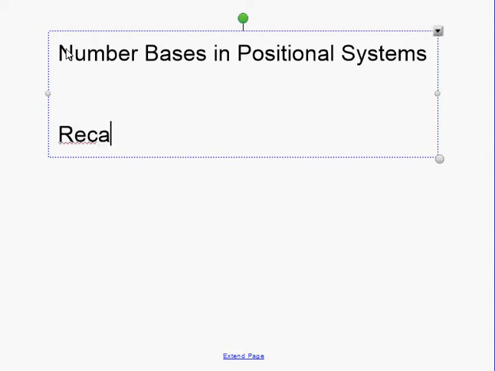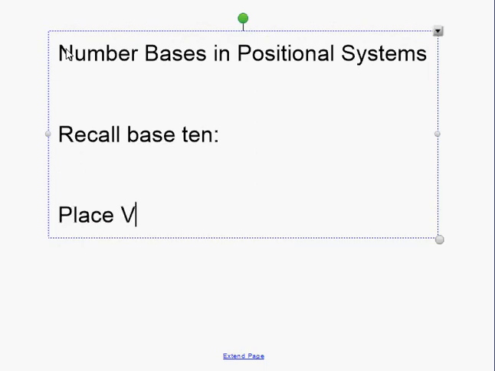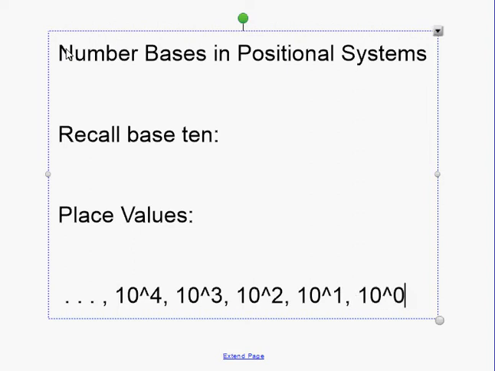When we talk about place values in base 10, we have 10 raised to the 4th, 10 raised to the 3rd, 10 raised to the 2nd, 10 raised to the 1st, 10 raised to the 0. Those are our place values in our base 10 system.